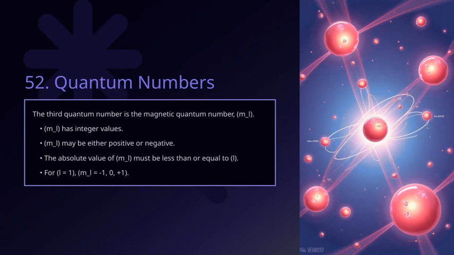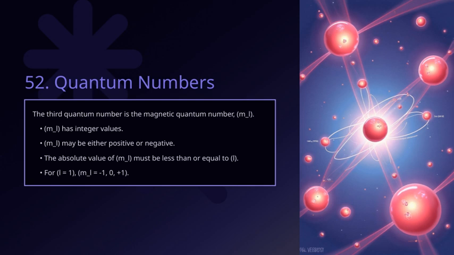Let's talk about the magnetic quantum number, ML. For the case when L equals 1, ML can take on the values of -1, 0, and +1. It's important to remember that the absolute value of ML must always be less than or equal to L, so in this case, the values -1, 0, and +1 are all valid because their absolute values are 1 or 0, which are not greater than L. ML can be either positive or negative, reflecting the different orientations of the orbital's magnetic field.